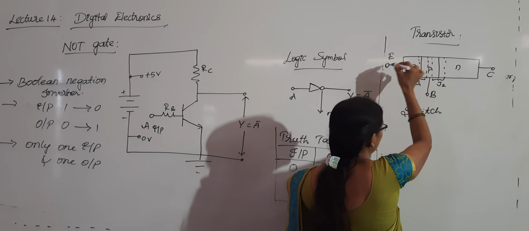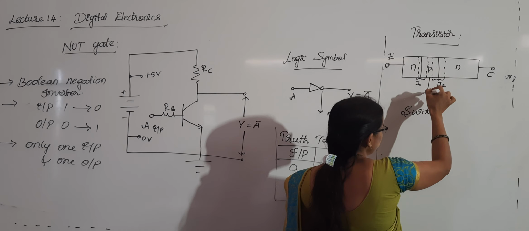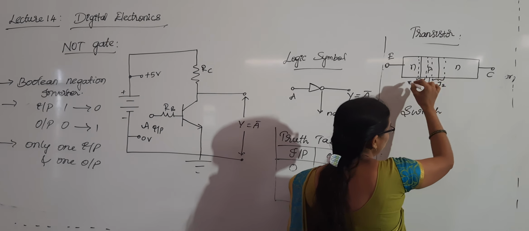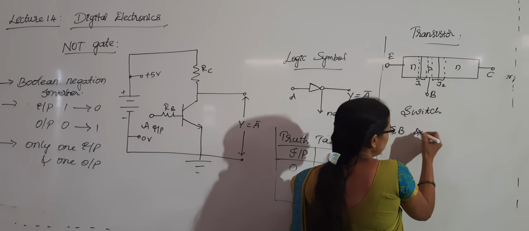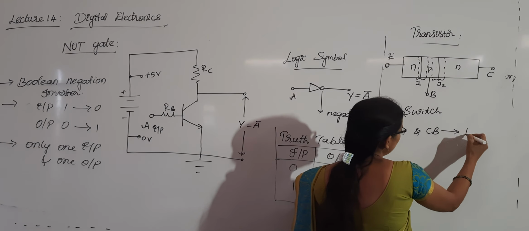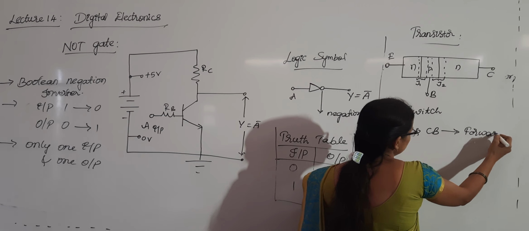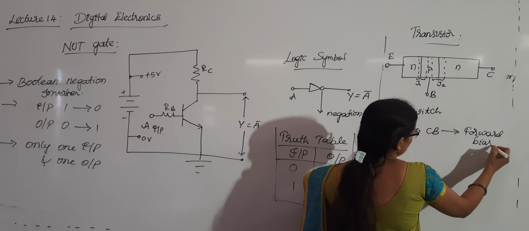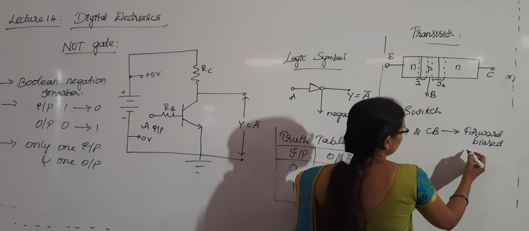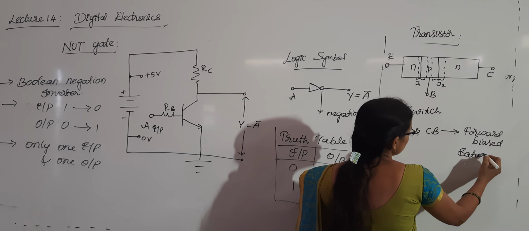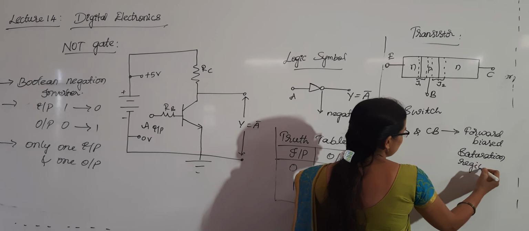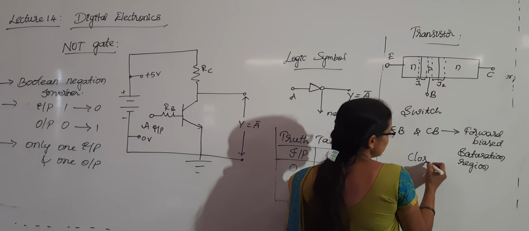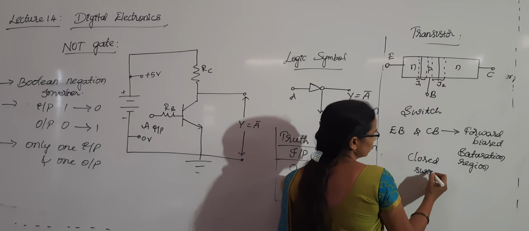When both the junctions, the EB junction and the CB junction, are forward biased, then it will reach the saturation region and act as a closed switch.